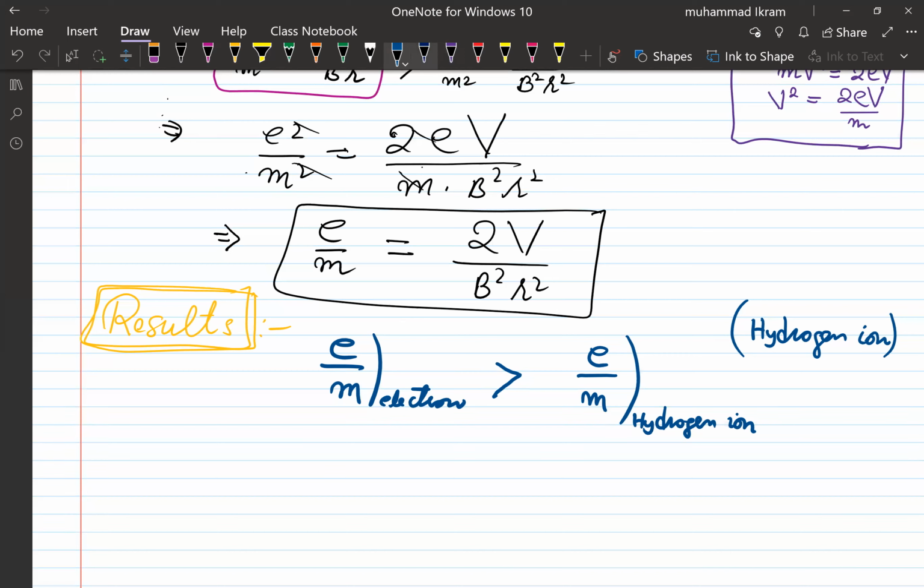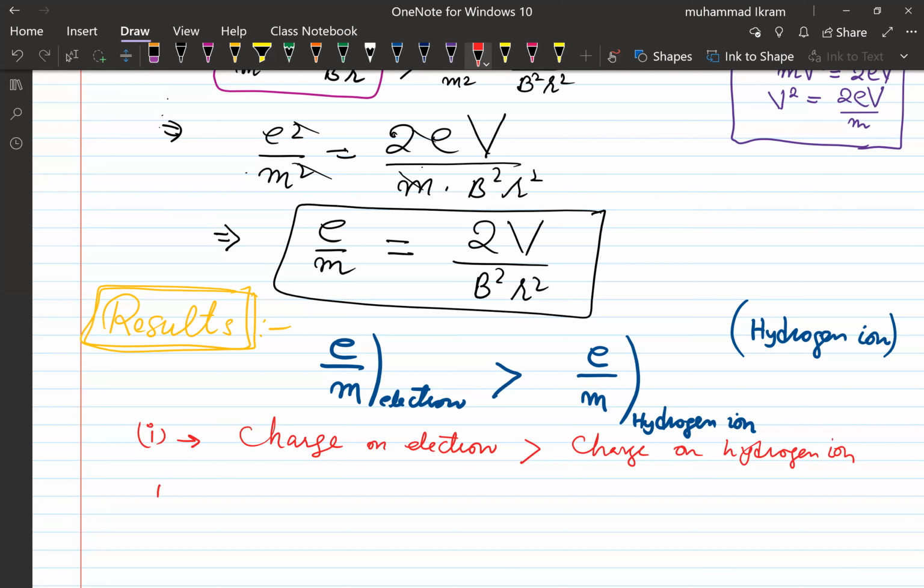Now what inference can we get? This implies that the charge on the electron is greater than the charge on the hydrogen ion. That is the first inference I can draw.